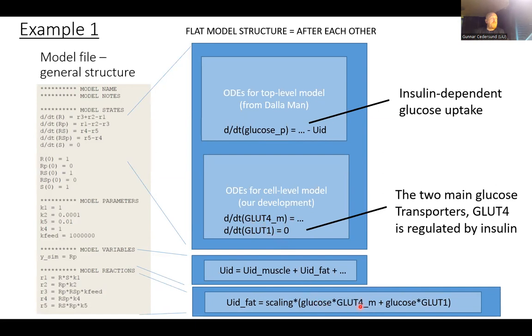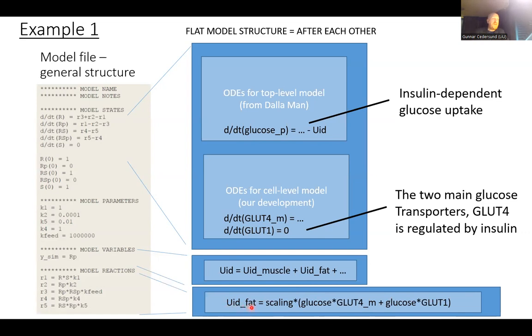So that we have the GLUT4 dependent and we have the GLUT1 dependent. And these both come from the adipose tissue, which is the insulin dependent part. So in this particular constant, they would both correspond to a part of the insulin responding fat tissue.